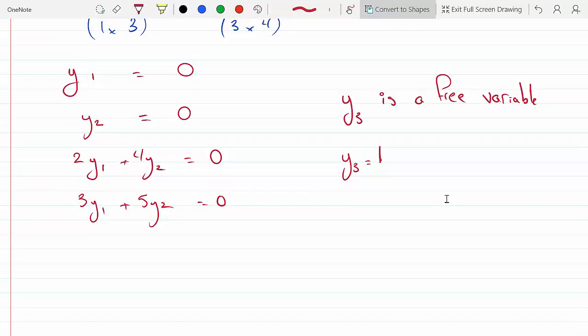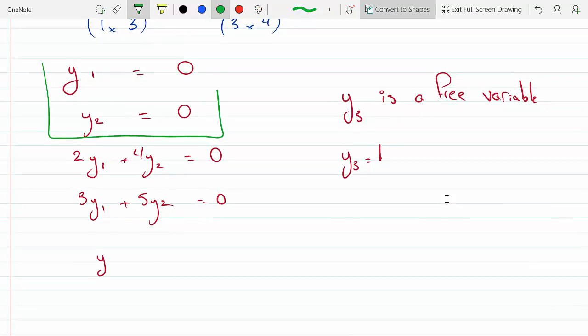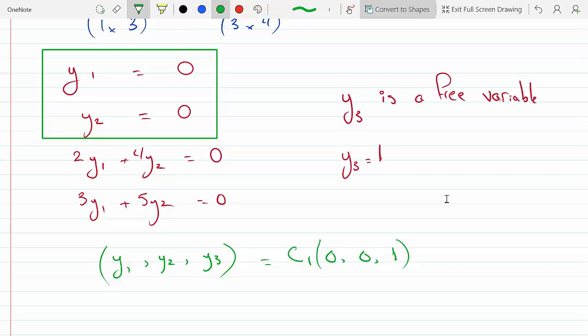Right? So what would you get then? Well, we already know that for sure the first two are zeros, no question. So that tells us that y1, y2, y3 transpose, or whatever, doesn't matter, equals 0 0 1, or any linear combination of them times C1.